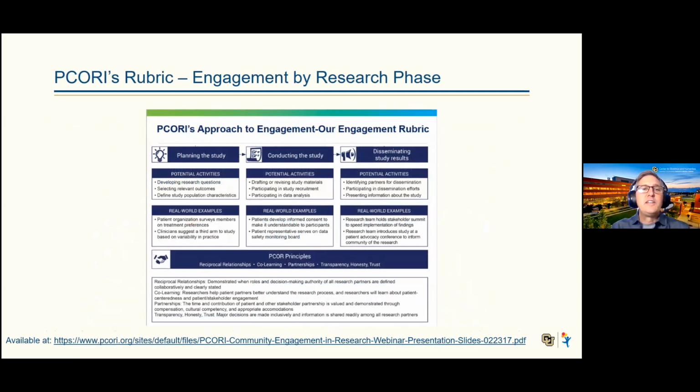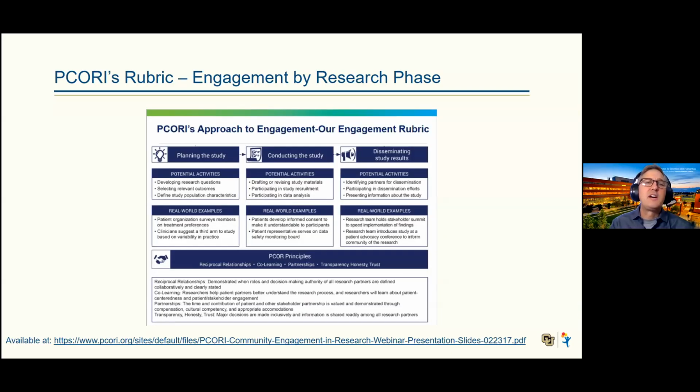This is the rubric that PCORI uses to think about engagement.